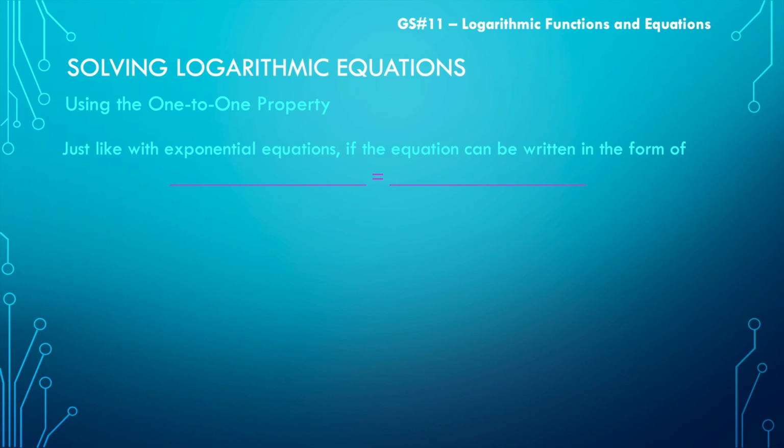Let's go back to this idea of a one-to-one function. When you have a one-to-one function, that means that every input has exactly one output and vice versa.